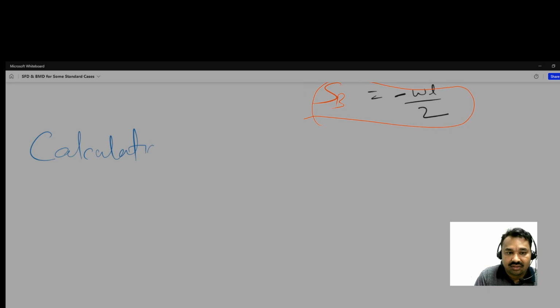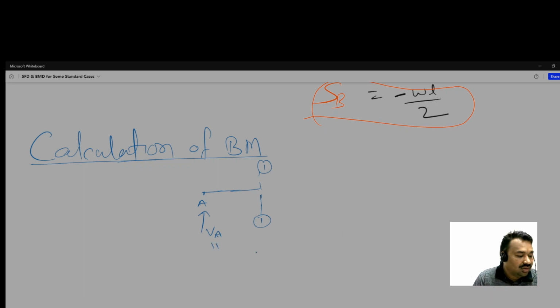So what we have to do, this is our A, this is our cut section 1, and here VA, that is equal to wL by 2, and S is the shear force.